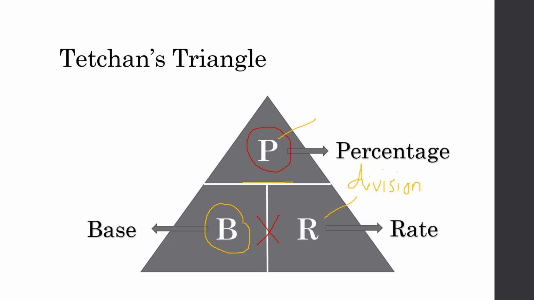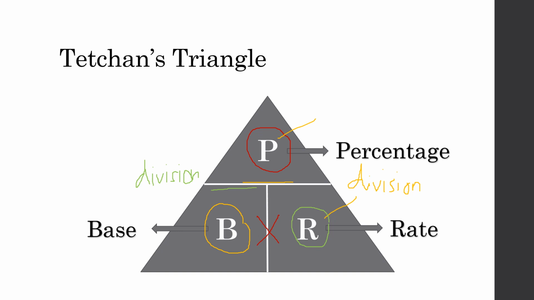Kapag rate naman ang hahanapin mo, tingnan nyo ulit, yung percentage ay nasa ibabaw at yung base ay nasa ilalim, again, separated by a bar line, you are going to divide. So, the operation will be division again. So, R rate is equals to percentage divided by the base times 100%.